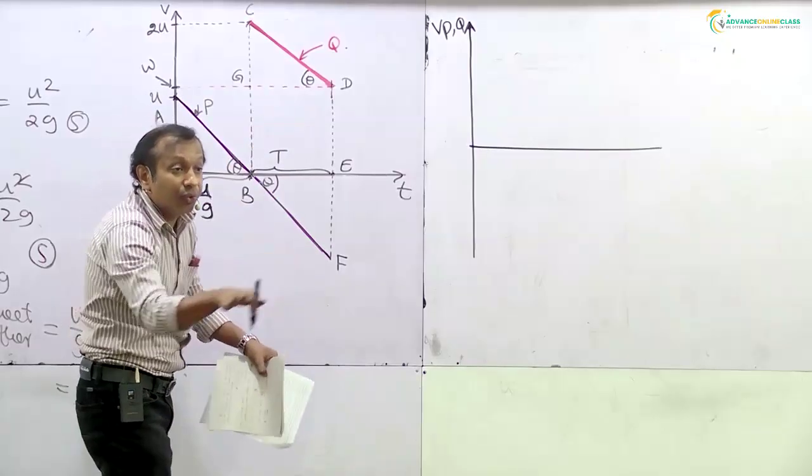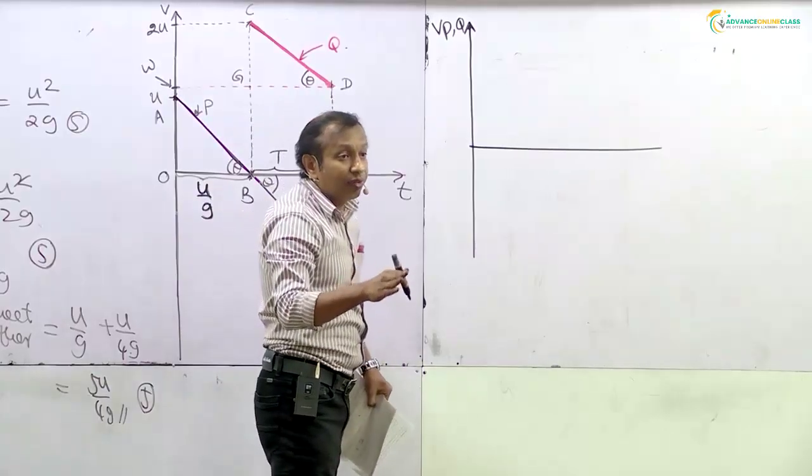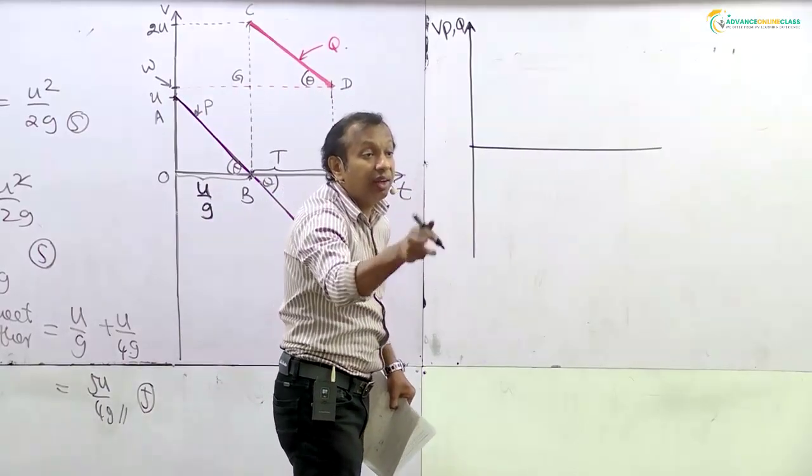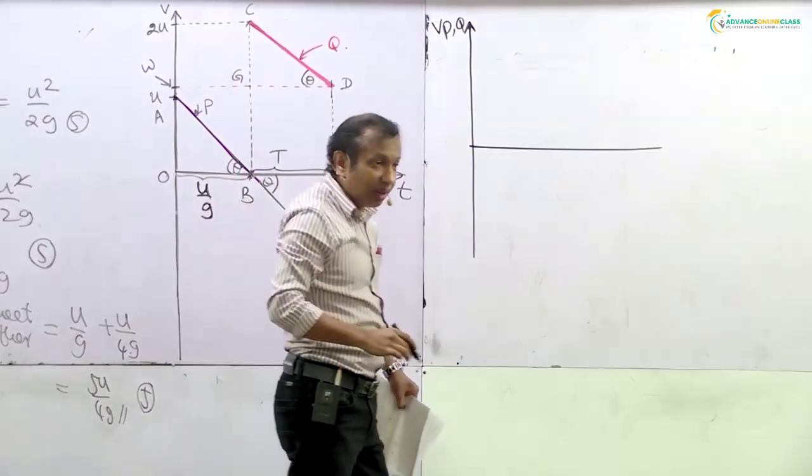During that time, Q is also resting on the ground. Therefore, the velocity graph of P relative to Q until P reaches the maximum height is the same as this. This way.